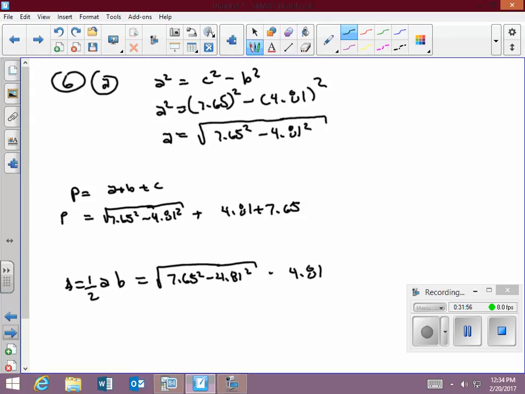Right. When I switch over to my calculator, I'm not going to be able to see this. 7.65 squared minus 4.81.